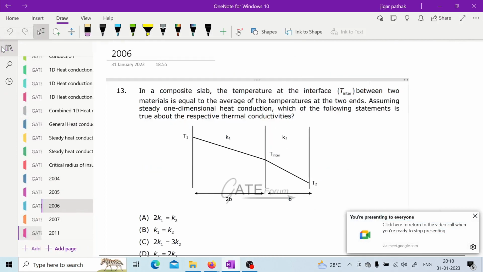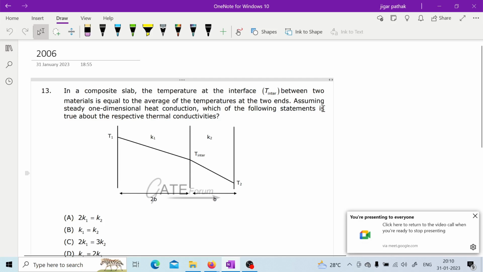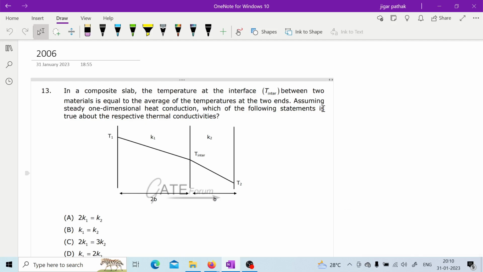In a composite slab, the temperature at the interface between two materials is equal to the average temperature at the two ends, assuming steady one-dimensional heat conduction. The following statement is true. Can you try this one? It is very simple. Yes, sir. Please try.